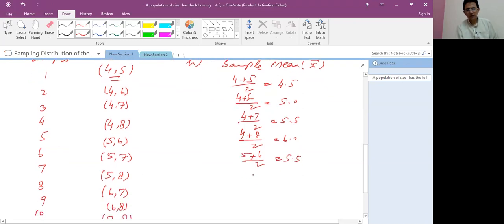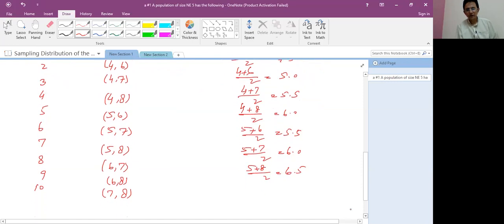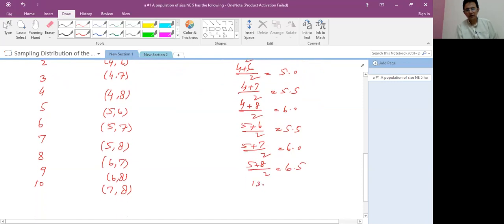5 plus 7 is 12, divided by 2 is 6. 5 plus 8 divided by 2 is 6.5. 6 plus 7 is 13 upon 2, which means 6.5 again.